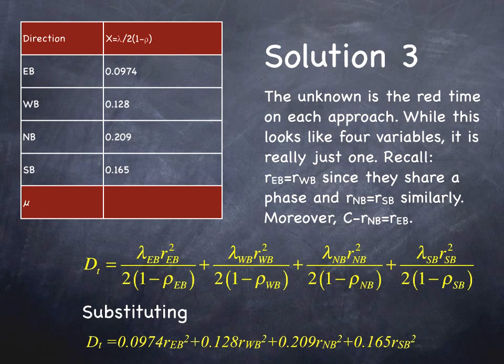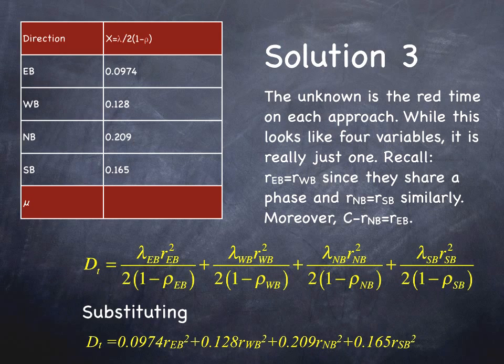We can substitute into our long equation and get an expression for the total delay equal to 0.0974 times the red time on the eastbound approach squared plus 0.1228 times the red time on the westbound approach squared plus 0.209 times the red time on the northbound approach squared plus 0.165 times the red time on the southbound approach squared.